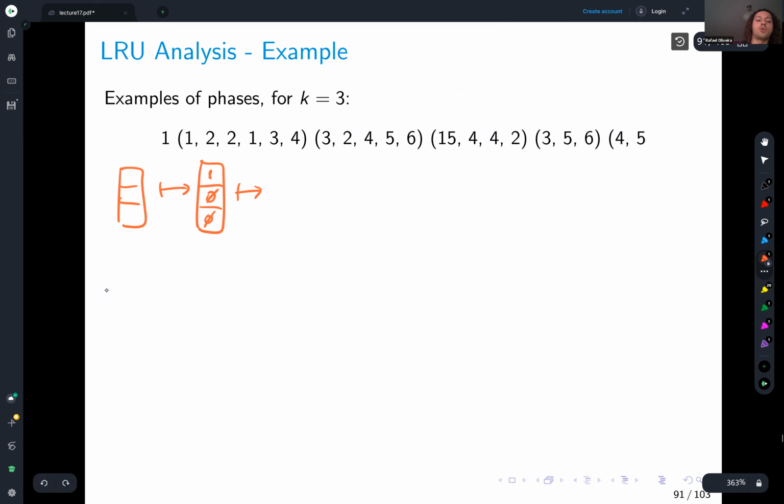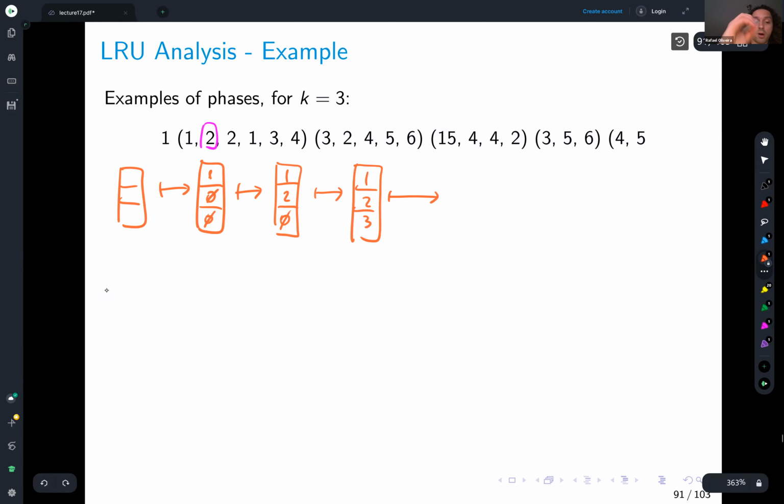And then once I do 2, my cache will become 1, 2, empty. And then once I go to 3, my cache will become 1, 2, 3.